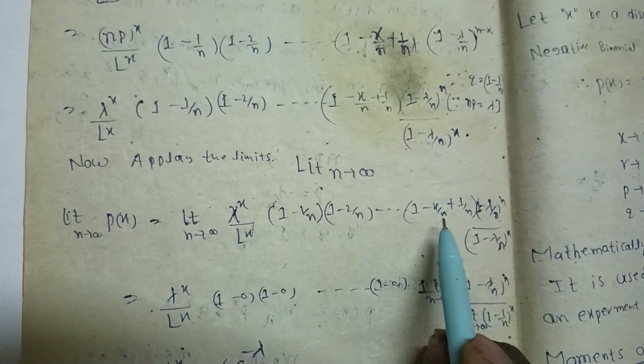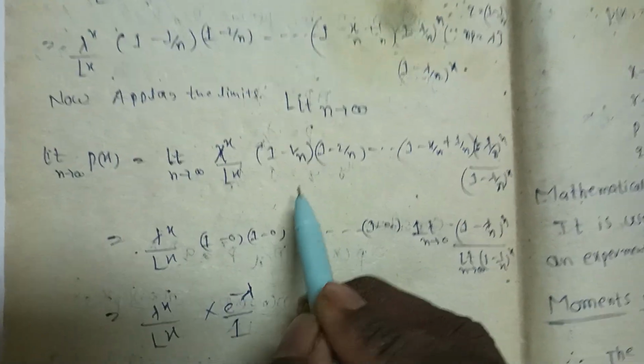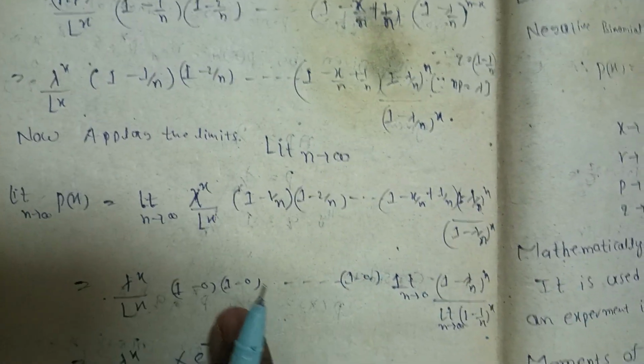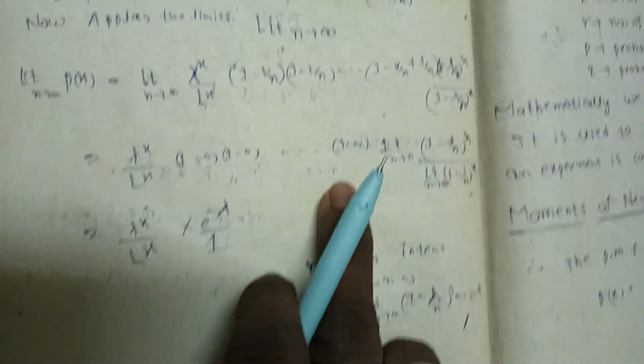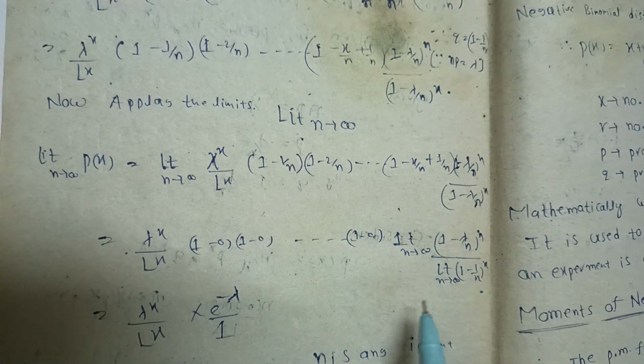Okay, now apply limits on both sides. As n tends to infinity, 1 by n tends to 0. So this total value will be 1, and this total value will be 1, since 1 by n tends to zero. And the limit as n tends to infinity only remains for the remaining term.